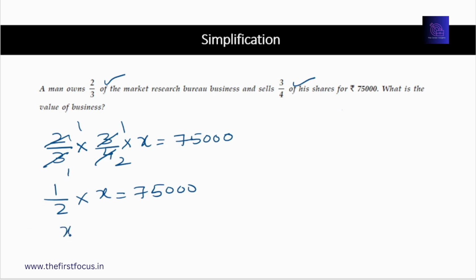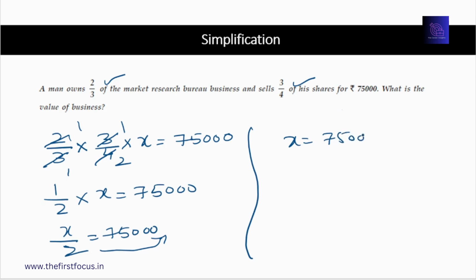Next, x by 2 is equal to 75,000. Now I bring this 2 here, that is x is equal to 75,000 into 2. So x is equal to 1,50,000 is the total value of business. See, it's a very simple problem. If we understand the question and solve in a proper order, we'll be able to get the right answer.